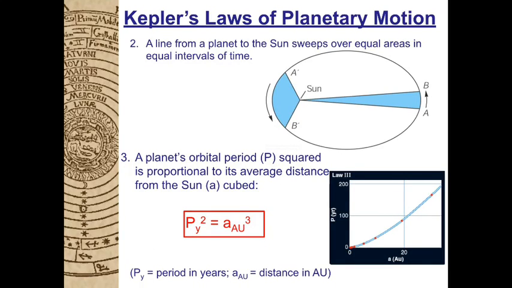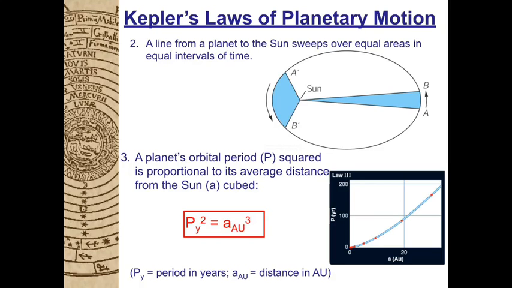Now his third law talks about the period or the time that it takes a planet to make one complete revolution. He takes this time and then he squares it. And what he finds is that it is related to how far the planet is from the sun.